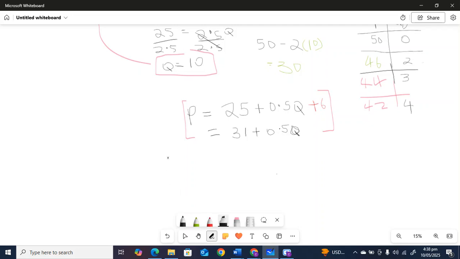Our demand function was 50 minus 2Q equals 31 plus 0.5Q.